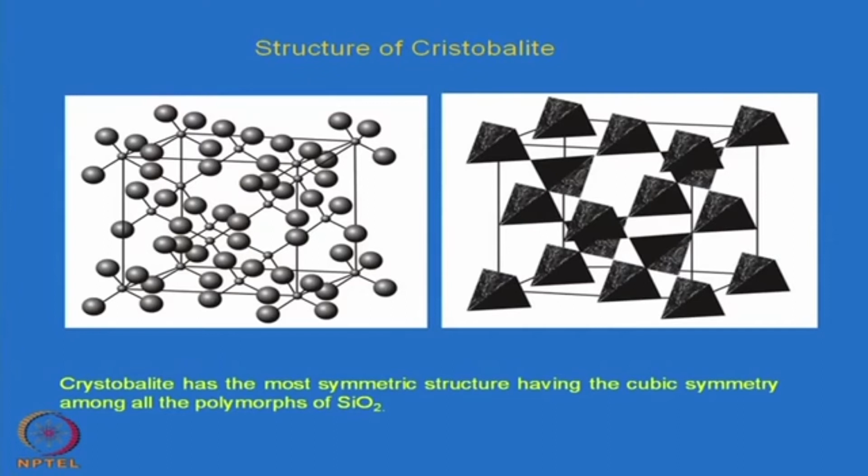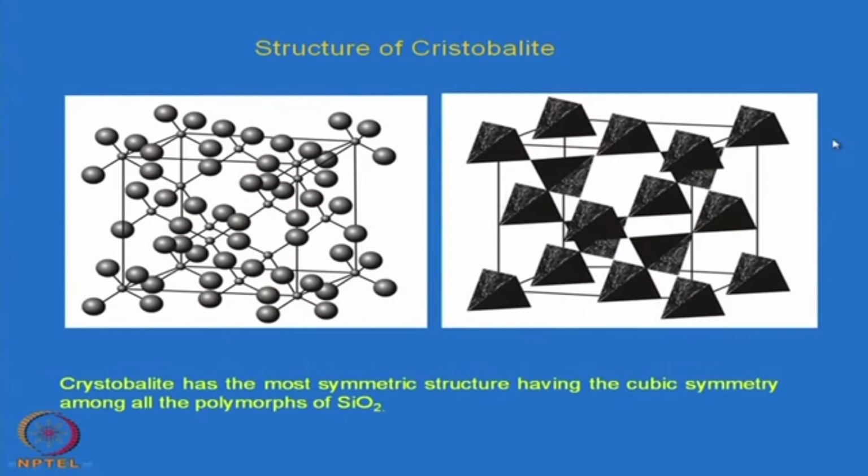Here, a group of atoms is positioned at the corner of the cube. So, each corner is occupied by a silicon oxygen tetrahedron, not by only silicon or only oxygen, as well as the face centers. So, in all there will be 8 and 6, 14 tetrahedra forming the face centered cubic structure.